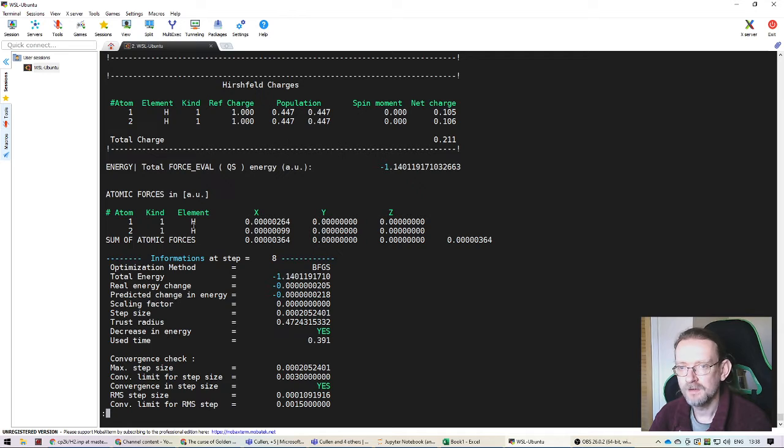This time I'm doing exactly the same, but instead of calculating using a Lennard-Jones potential, I solve the density functional problem for the electrons to work out the energy of the system in that position. Then I work out the gradients, the forces on each atom, so how the energy of the combined system would move with respect to the position of the atom. And I optimize that in the same way that I would with a classical one.